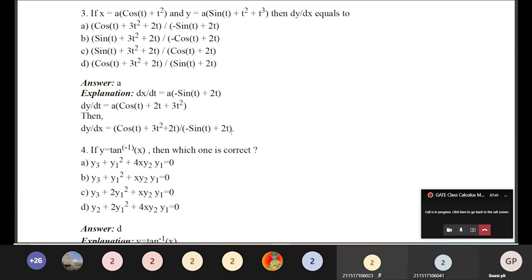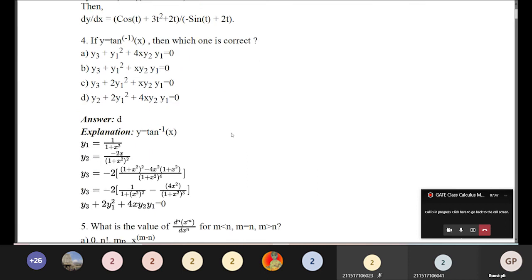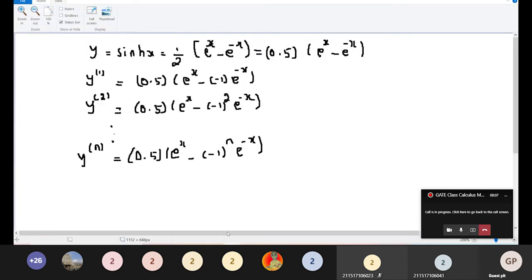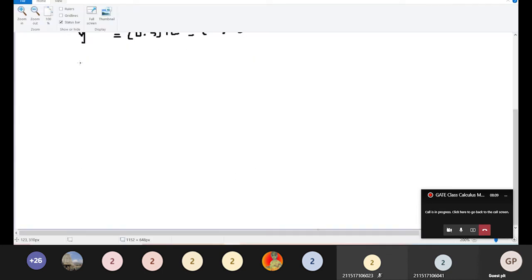Next, if y equal to tan inverse x, then which one is correct? y1 equal to 1 by 1 plus x square, y2 is equal to minus 2x by 1 plus x square whole square, y3 is equal to we have. So we have to find y1, y2, y3 to check this. y1 means first derivative.